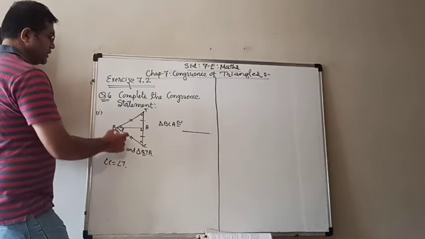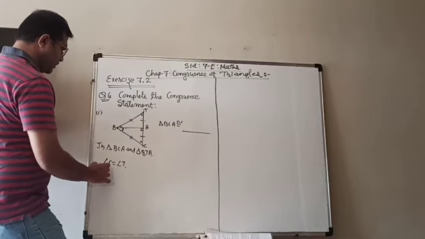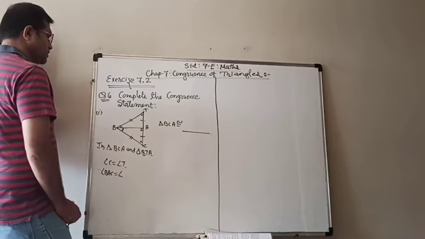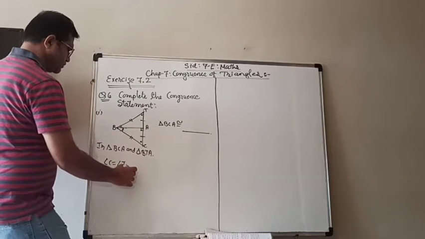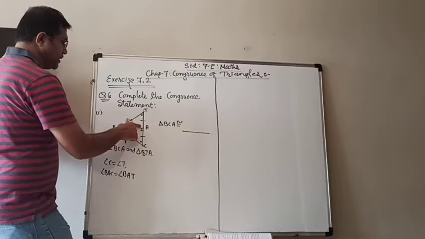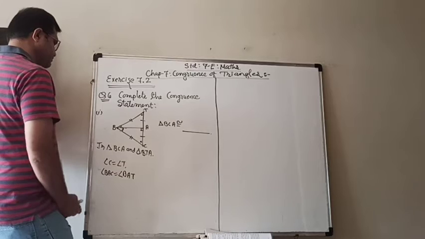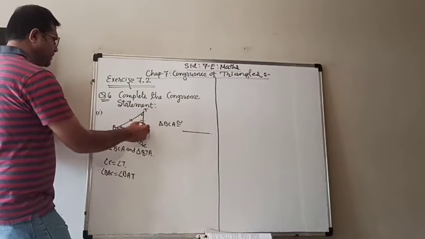Then this is 90 degrees, so that will also be 90 degrees. So angle BAC is equal to angle BAT. Here you can't write just angle A because it is A on both sides, so we have to specify. And the last angles are angle ABT and angle ABC.